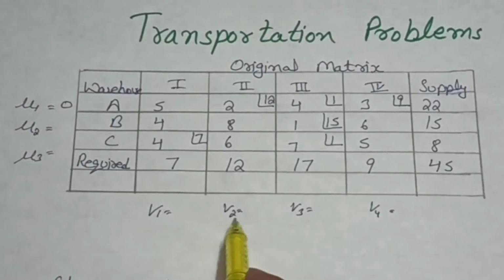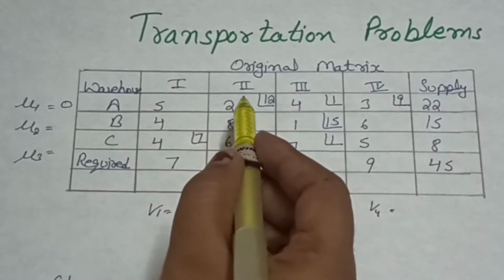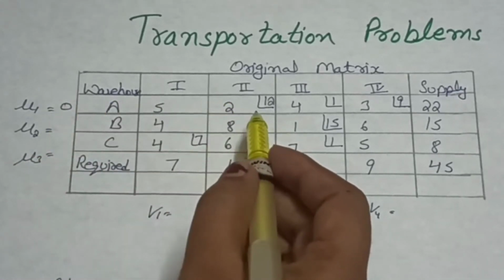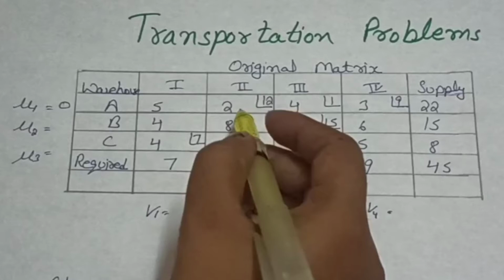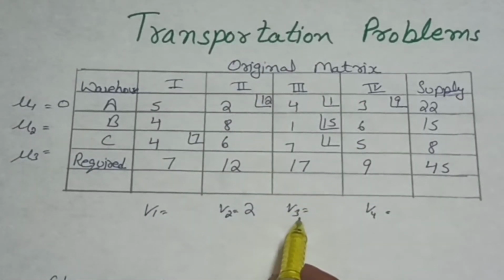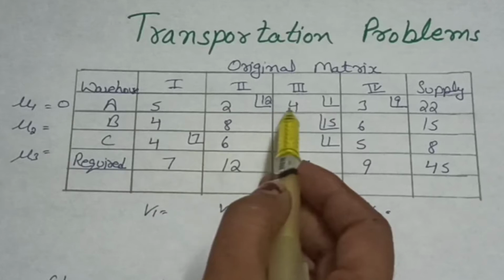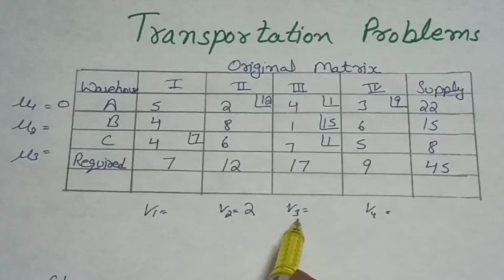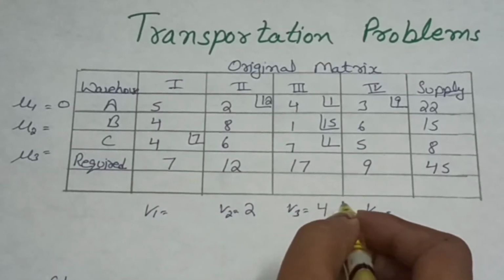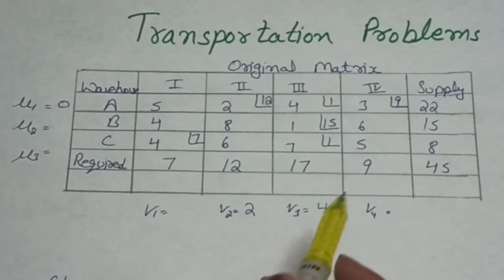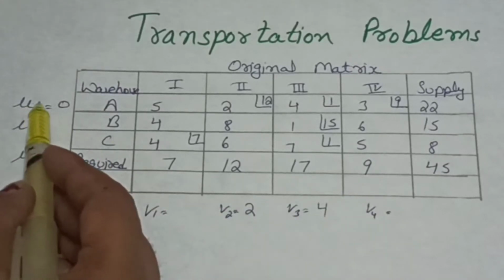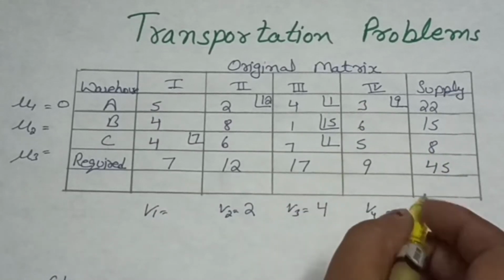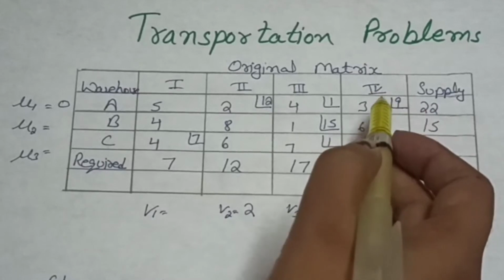Now we can calculate v2 because u1 plus v2 is equal to this cell, so 0 plus 2 is equal to 2. Now we calculate v3 because u1 plus v3 is equal to this cell, so 0 plus 4 is equal to 4. Now we calculate v4 because u1 plus v4 is equal to this cell, so 0 plus 3 is equal to 3.